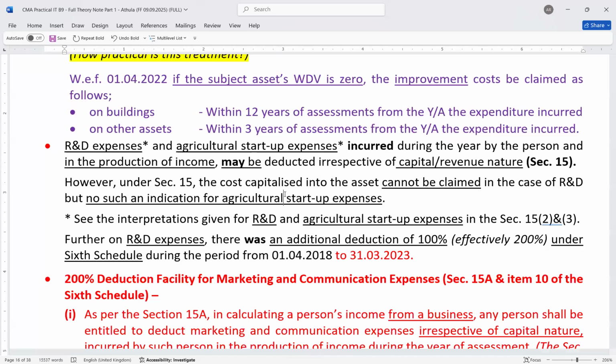That means generally, when we take research and development expenses and agricultural startup expenses, both these things are more towards capital nature. As a result, it says whether it is capital nature or revenue nature, no problem. If you wish to, you can claim it in the year you incurred the expenditure, the entire amount.